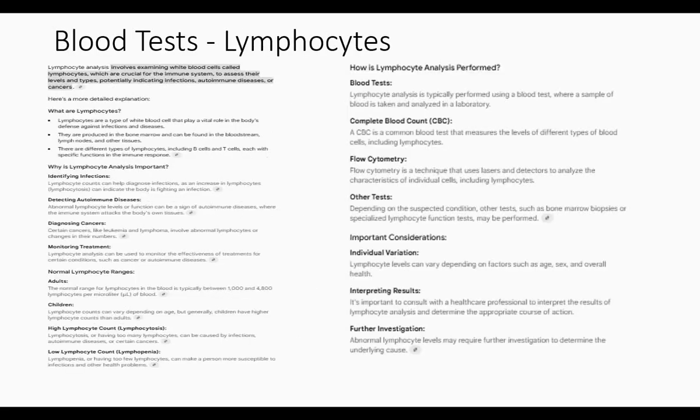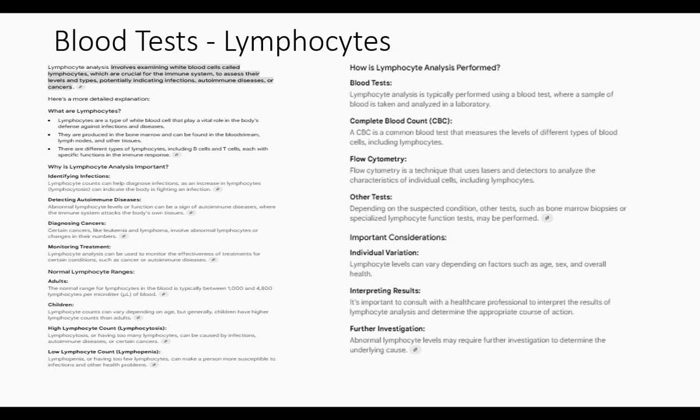Lymphocytes. Lymphocyte analysis basically involves examining white blood cells called lymphocytes, crucial for the immune system, to check their levels and types. What are lymphocytes? Lymphocytes are types of white blood cells that play a vital role in the body's defense against infections and disease.